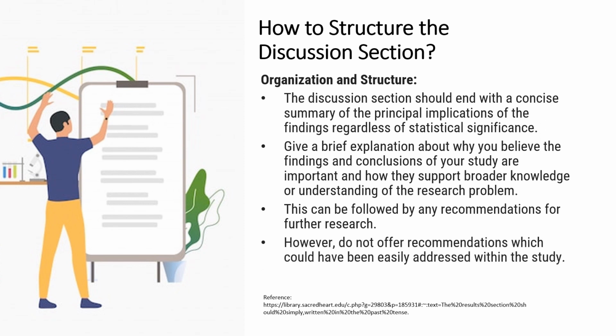However, do not offer recommendations which could have been easily addressed within your study. So you also have to think of that critically. Do not ask another researcher to do something that you can do. So why ask them to do that if you yourself can do it? It could be a recommendation that it is another kind of topic for research.